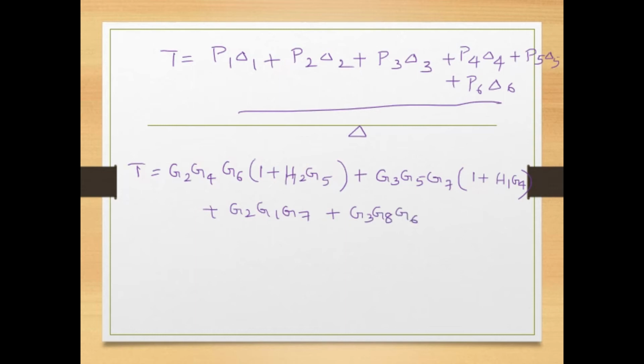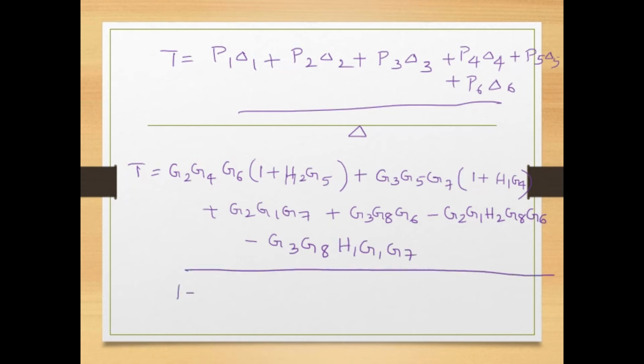Plus P4 is G3, G8, G6, and delta 4 is 1. Again P5. P5 is minus G2, G1, so it is minus G2, G1, H2, G8, G6, plus P6. P6 is minus G3, G8, H1, G1, G7. The whole thing divided by delta.